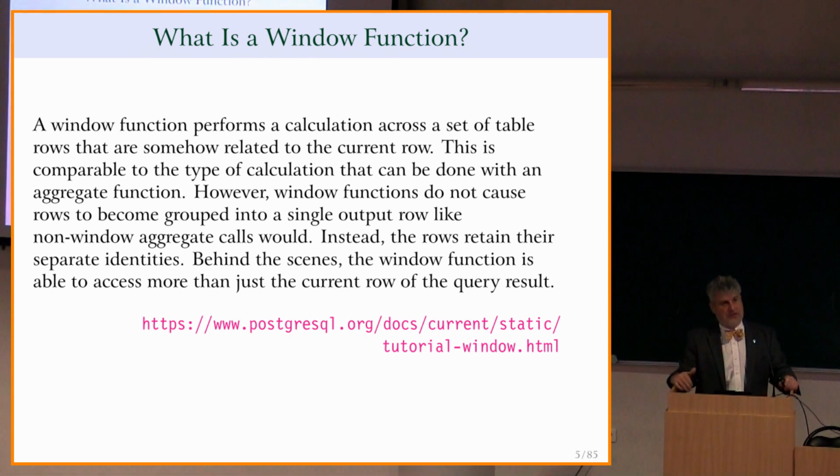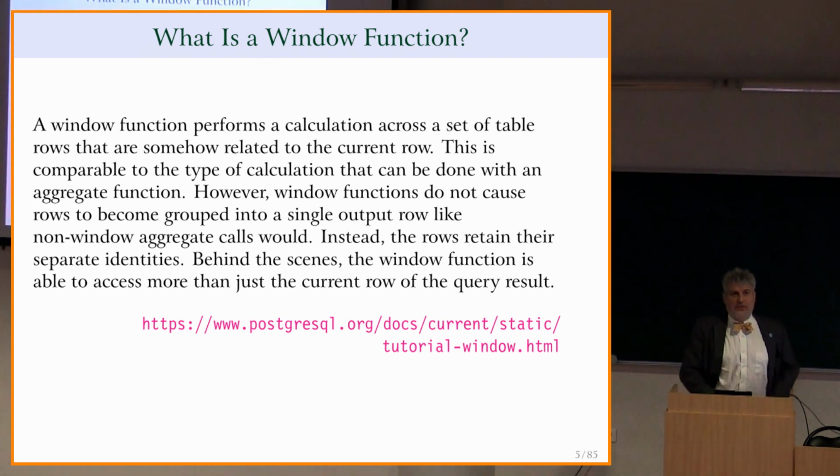If you do a count, it's going to count and return a single row as a count, or an average. What's unusual about window functions is that they do not cause the rows to become grouped into a single output row, but instead the rows retain their separate identities.